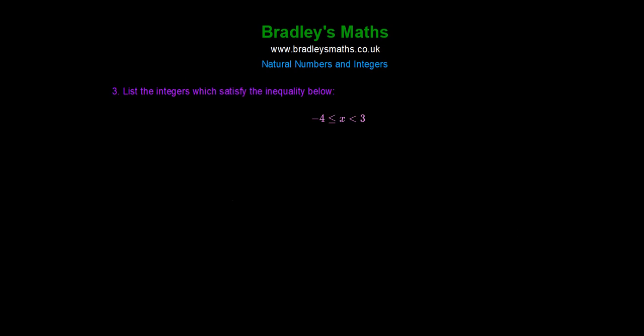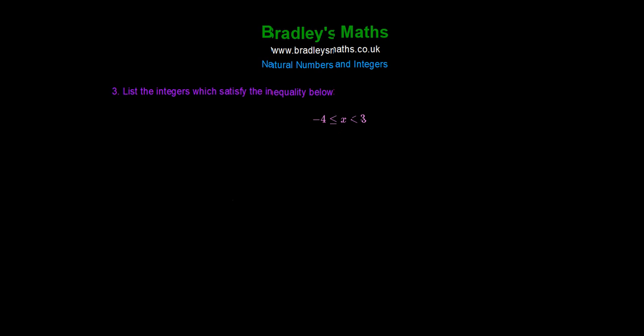List the integers which satisfy the equation below. We have -4 is less than or equal to x is less than 3. So we're going to look at this part first. -4 is less than or equal to x.